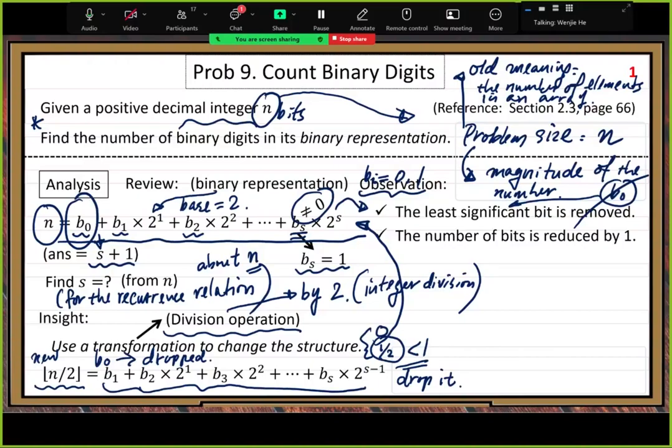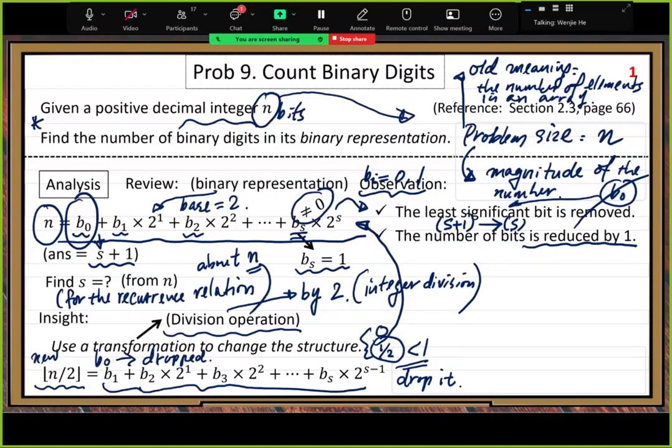B1 through B sub S. All those bits remain. So if you count the number of bits, that number is S. From 1 through S. So it's S. The reduction, because before we do division by 2, that's S plus 1. S plus 1 reduced to S. So that's the reason that number of bits reduced by 1. So that's our observation.